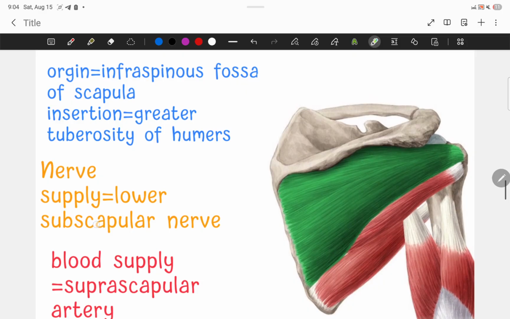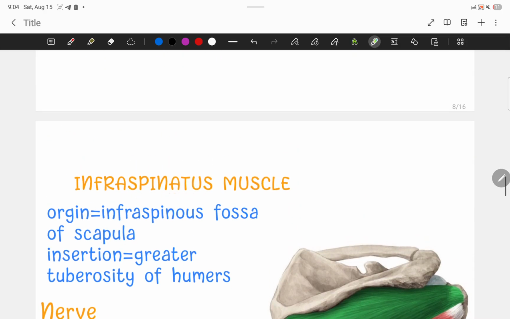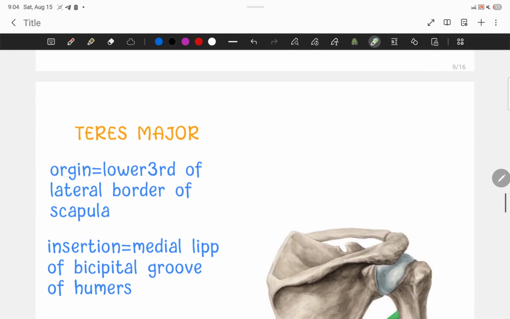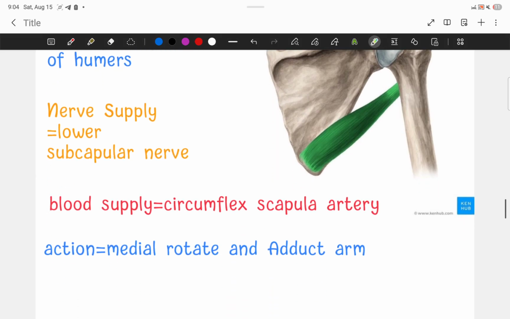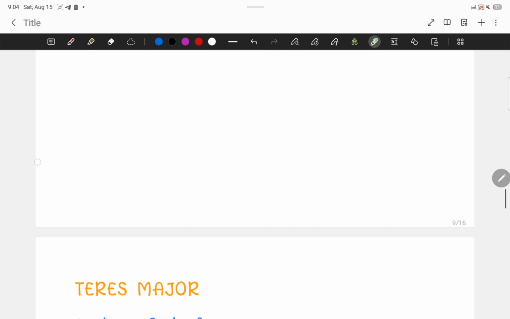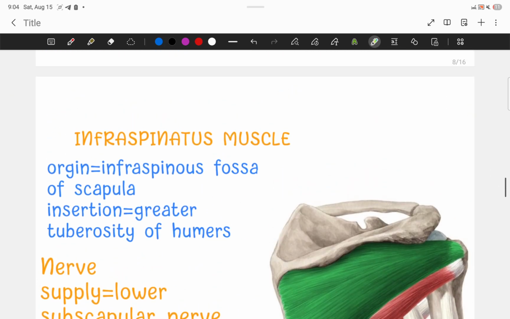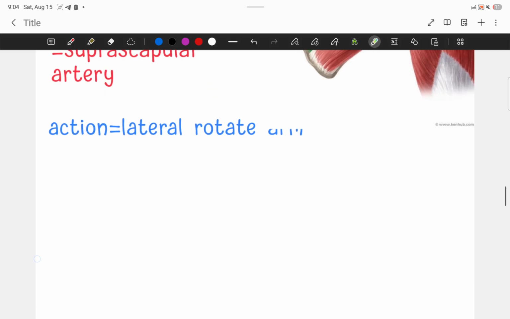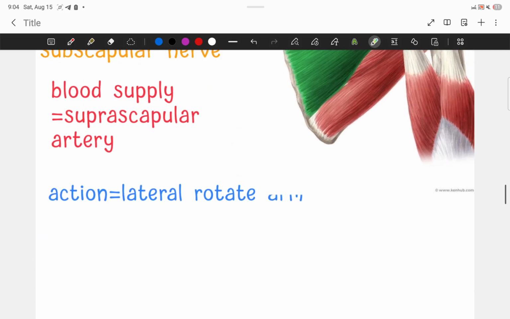Don't forget, infraspinatus muscle and teres major have the same nerve supply. And blood supply is the circumflex scapular artery. Action is to medially rotate and adduct the arm. So they have the same nerve supply, but the function is actually opposite.